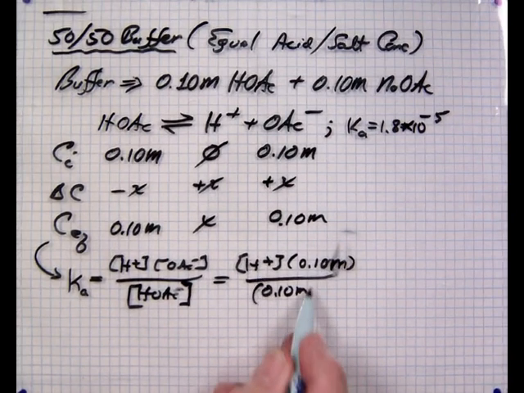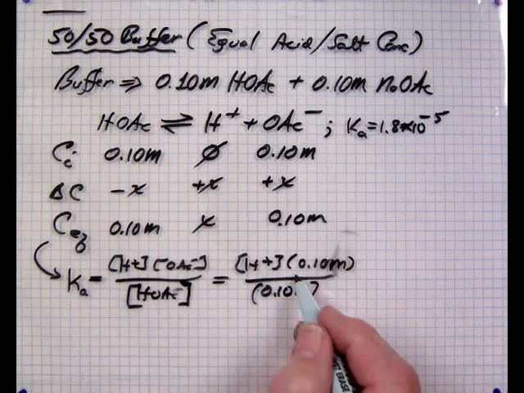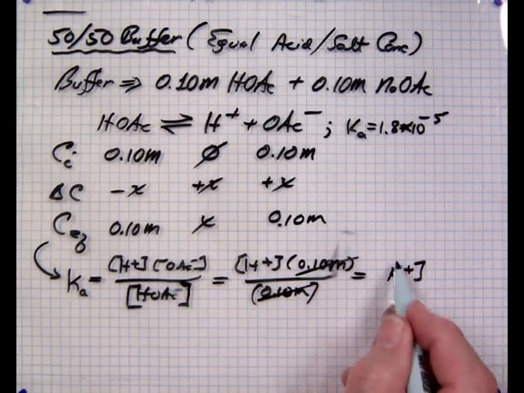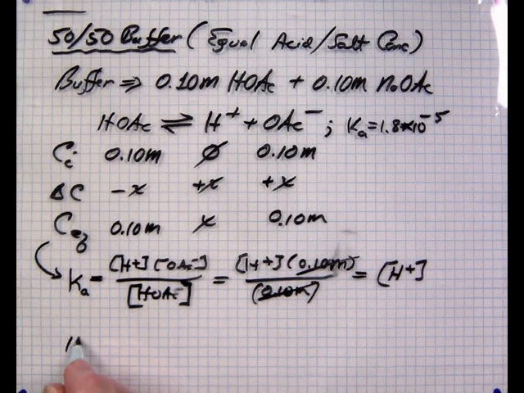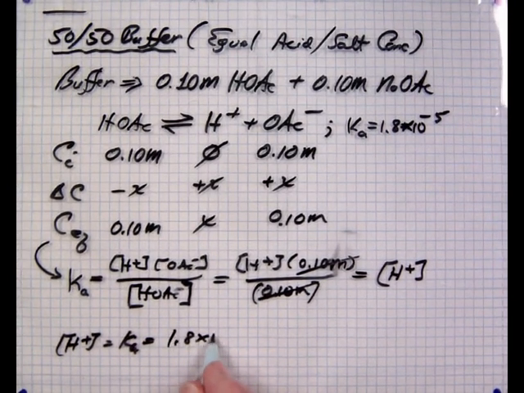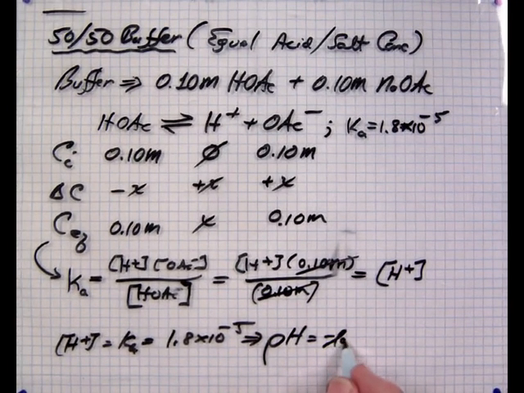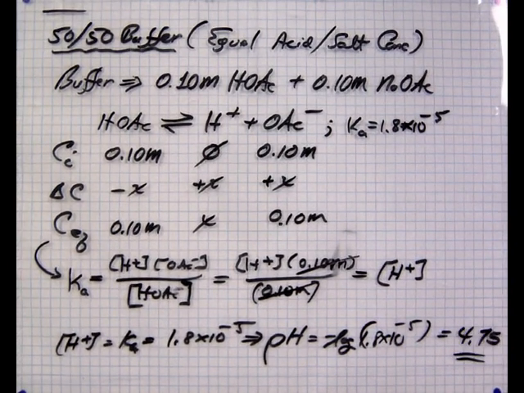Notice the concentration of the salt in the numerator and the concentration of the weak acid in the denominator are equal, so these fall out, and the Ka value equals the hydronium ion concentration. So the hydronium ion concentration is 1.8 times 10 to the minus 5, which gives a pH of minus log of 1.8 times 10 to the minus 5. So we have a pH of 4.74.